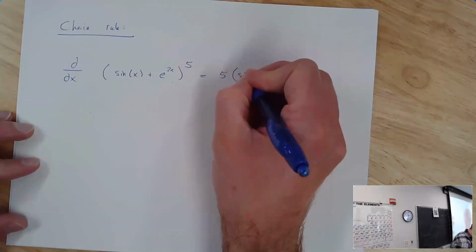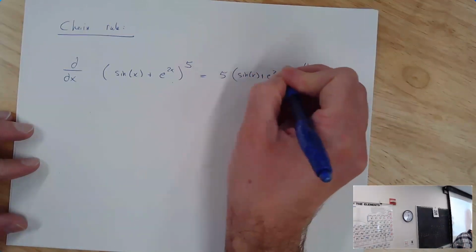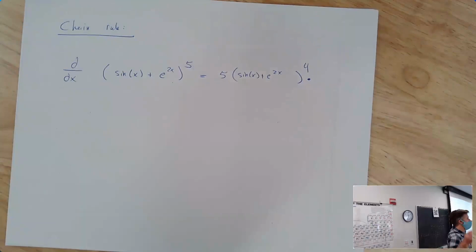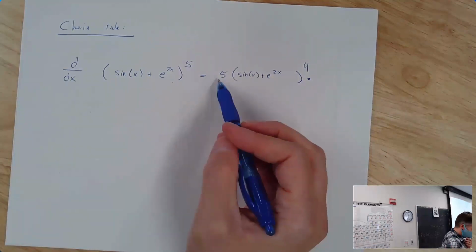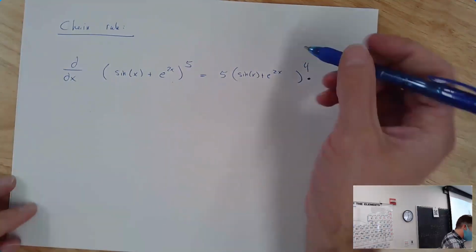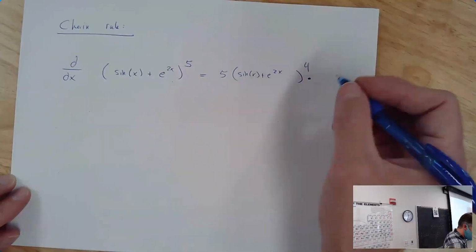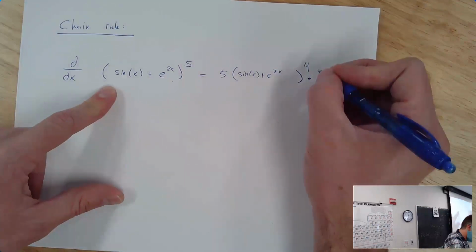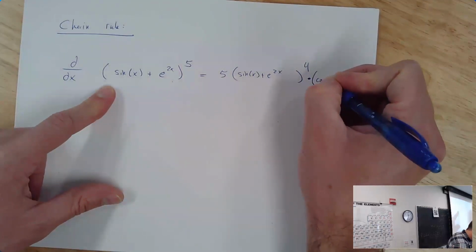But then we have to multiply by what? The derivative of the stuff. That's always what I'm thinking of. I've got a function of some stuff, and the derivative is the derivative of the outer function, 5 times whatever to the 4th, leaving the inside stuff alone, and then you multiply by the derivative of that stuff. The derivative of sine of x is cosine of x.